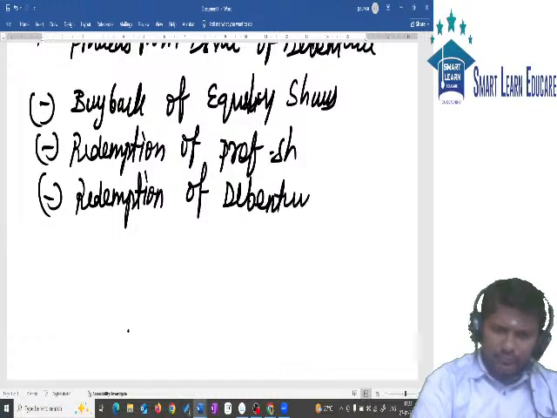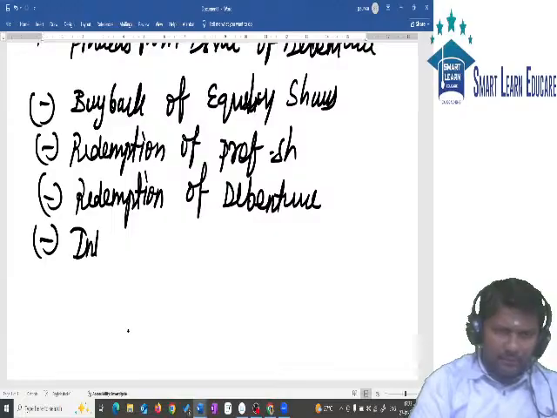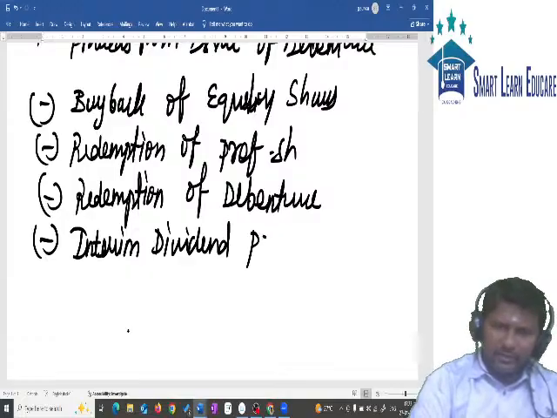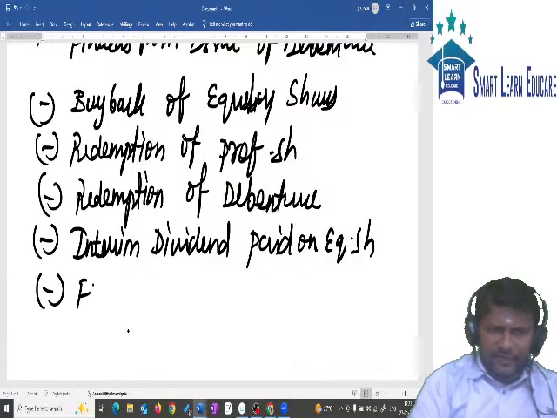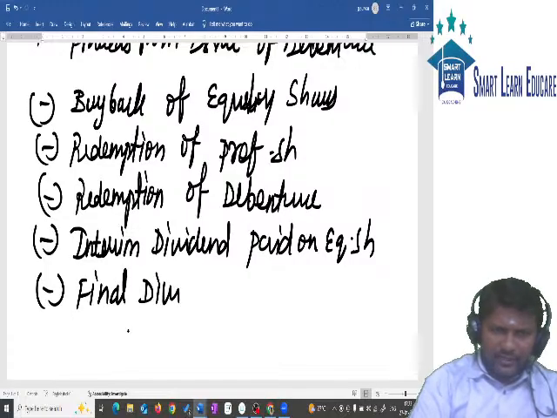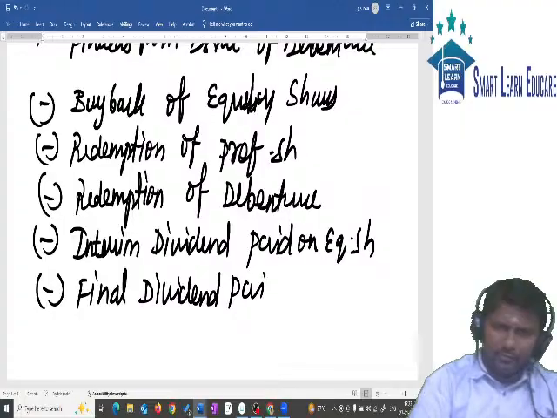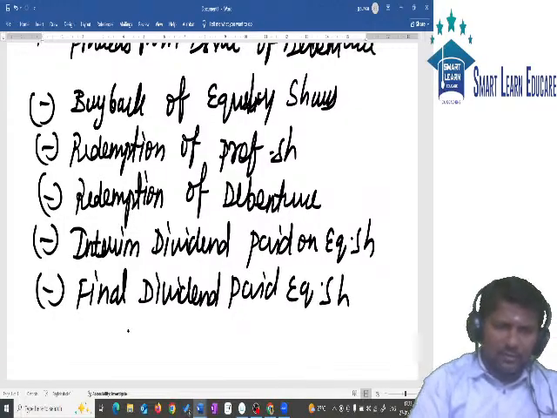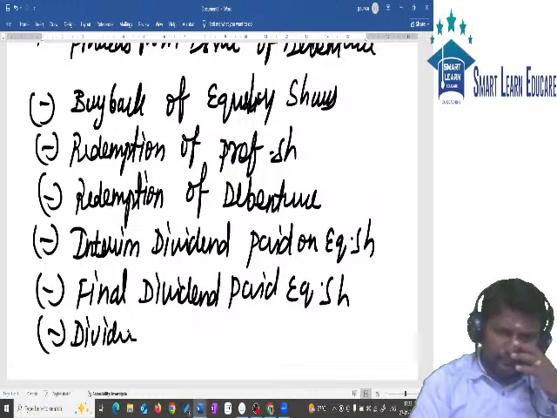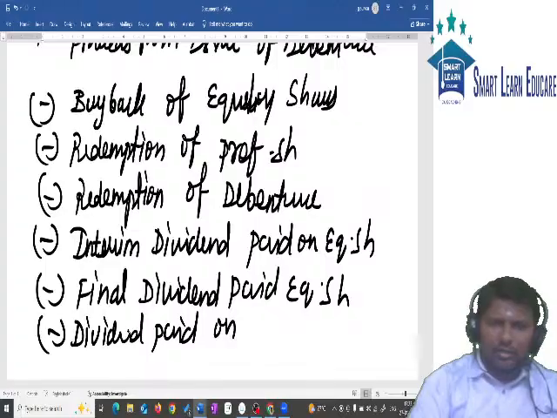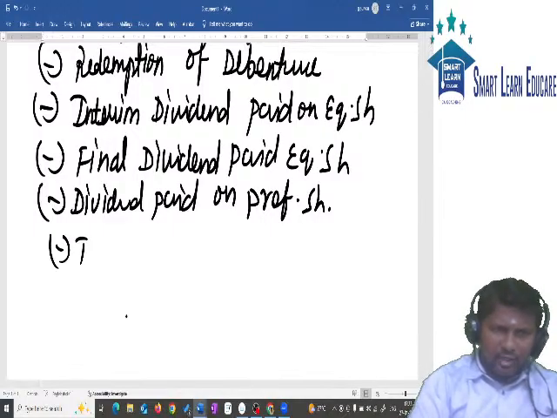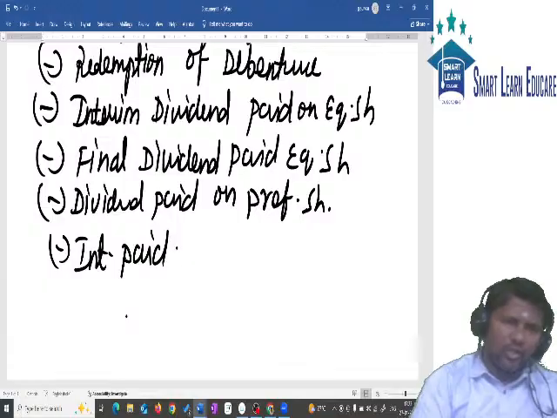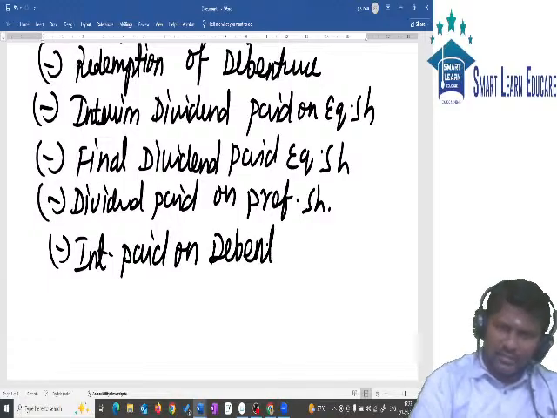Less interim dividend paid on equity shares, less final dividend paid on equity shares, less dividend paid on preference shares, less interest paid on debentures.